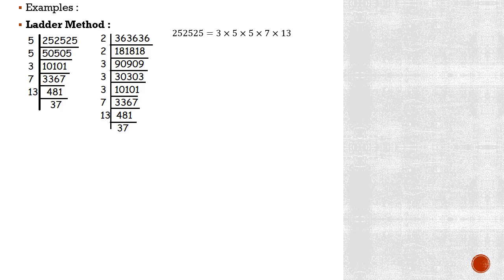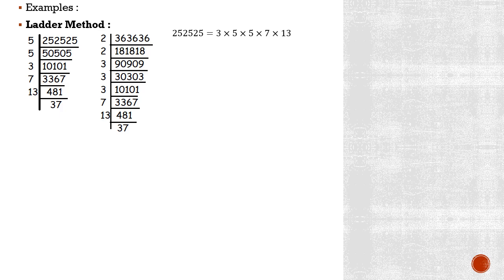You start with 2. If you are going to do prime factorization of the given number, you first of all start with 2. If the given number is divisible by 2, you divide it by 2 only, until it becomes not divisible by 2. Then you start with 3, then the next prime number is 5, then you go for 7, then 11, then 13, and in this way.